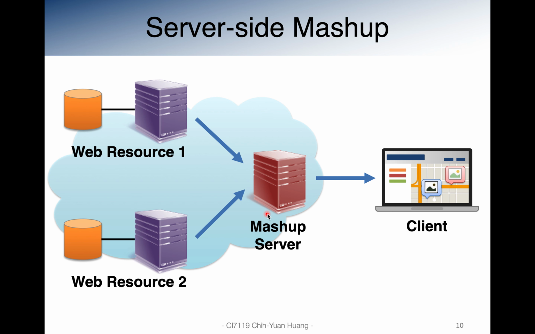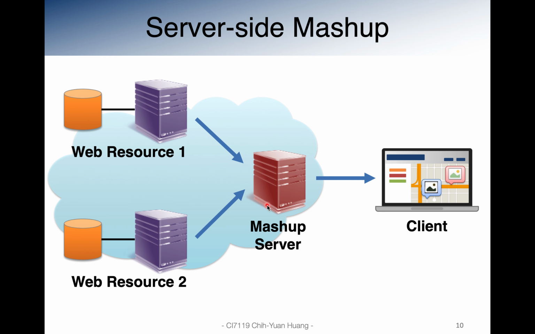For example, you could retrieve satellite images from resource 1, and in-situ sensor observations from another source of data, and then the mashup server will collect that information and do some processing.